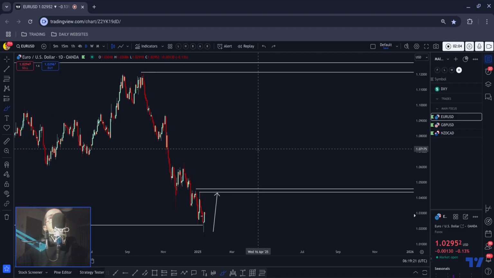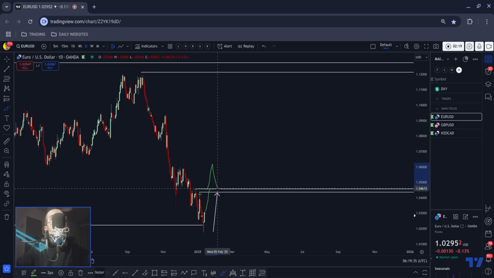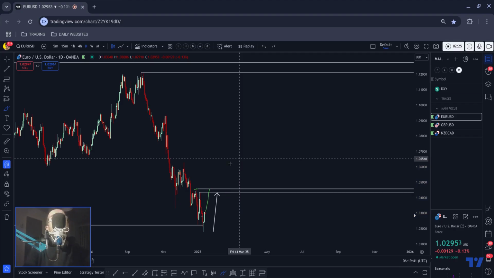Even if we only moved up to here, to this high, there's still profit potential to be made there. That's partly why my target arrow is pointed there. We could be moving higher, perhaps doing something like that, creating that kind of structure. We don't need to know what is going to happen next to make money. All we need to be able to do is manage risk.